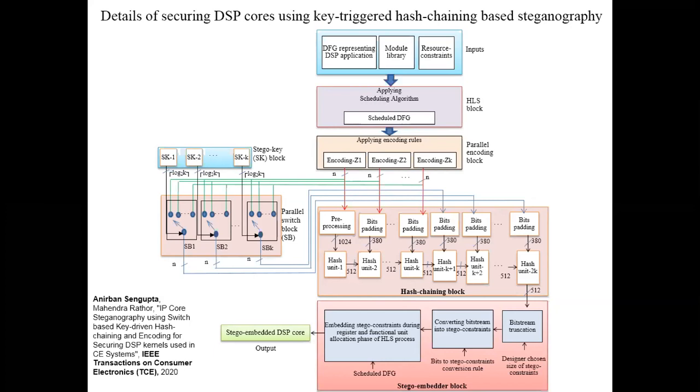Finally, we pass it through n stages of hash chaining to produce an output which is 512 bits, which is further subjected to bit stream truncation, because the designer should have the right and flexibility to choose the strength of the signature. So he will perform the necessary truncation and then conversion into respective stego constraints, and finally embed it into a processor or any hardware or integrated circuit. Next slide, please.